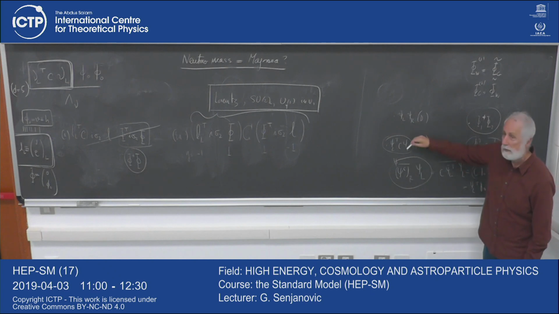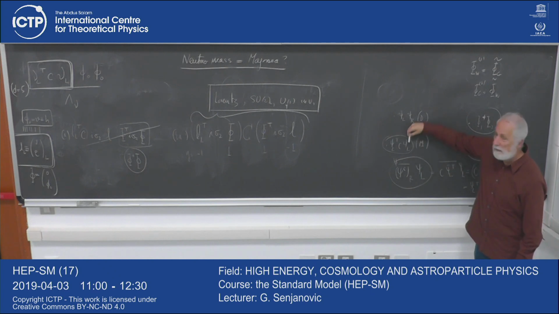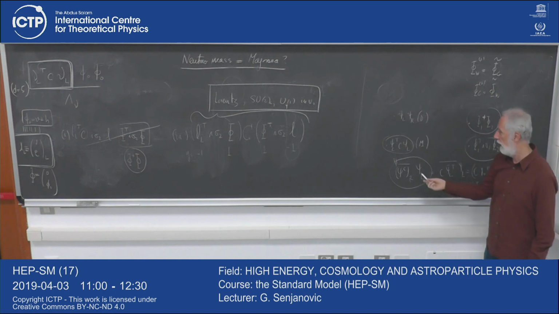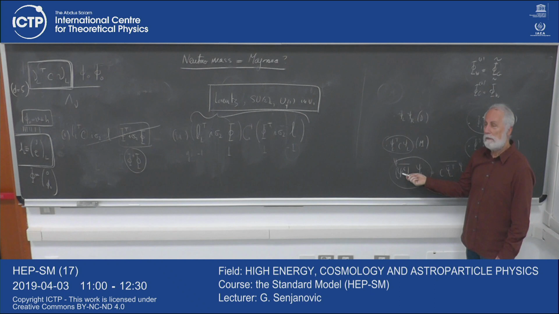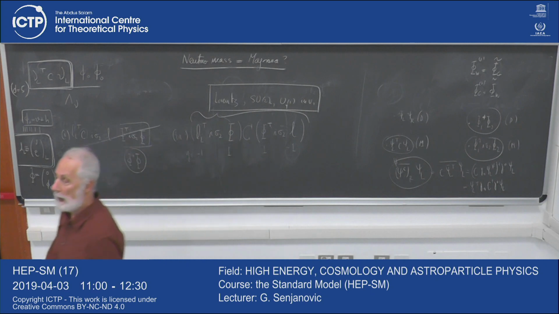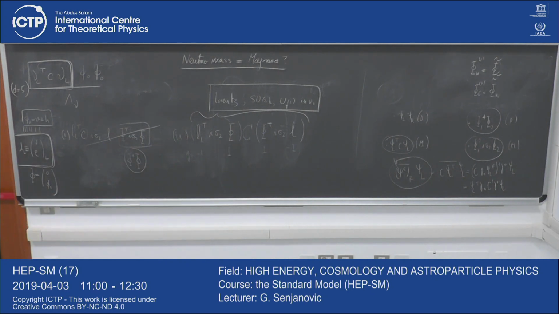Sometimes you will use this, sometimes that, you have to get used to it. This is more transparent because it is immediate that you're breaking all the charges. Here you have to think a little bit, but not too much. Psi C has the opposite quantum number, so when I take a bar, I'm back in a triangle. Therefore, that invariant will break hypercharge. I can't help it. The only invariant that I can make out of two lepton fields necessarily breaks hypercharge.